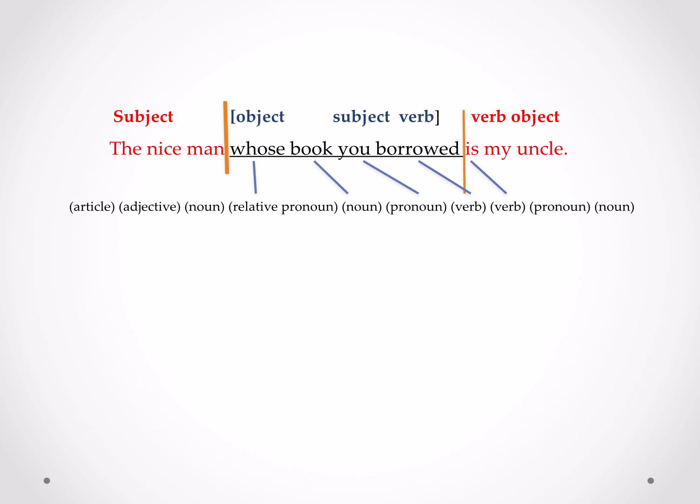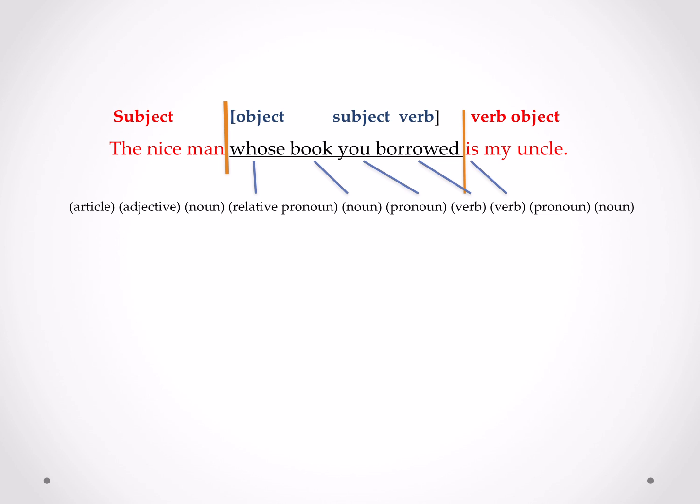Here's a second sentence. The nice man whose book you borrowed is my uncle. The main clause is, the nice man is my uncle. Remember, subject, verb, object, SVO. To find the main clause, ask, what is the verb that belongs to the subject?